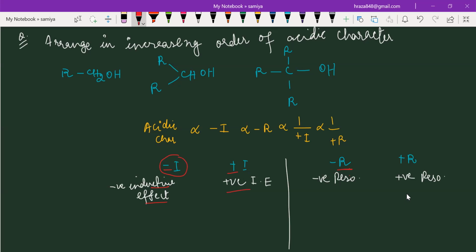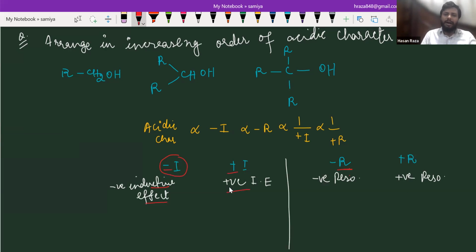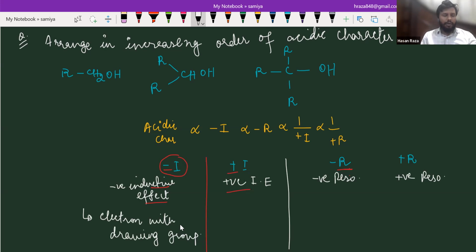Yes, sir. Now, what you need to understand is what this minus I, minus R and plus I, plus R mean. Negative inductive effect means electron withdrawing group. You have to be careful when you do questions on acidic and basic character, just remember this.